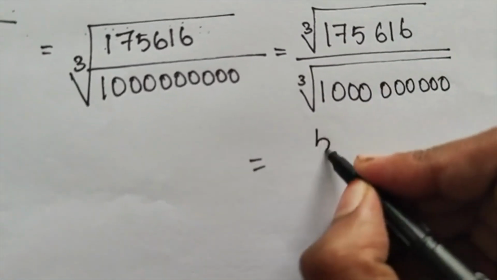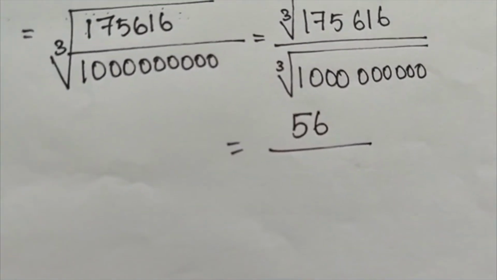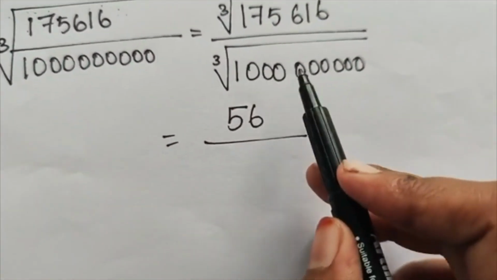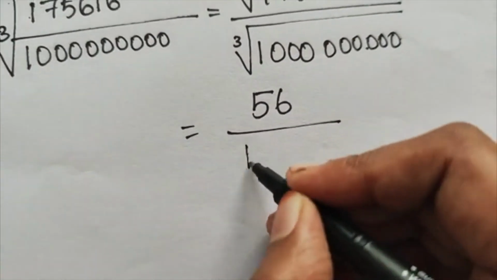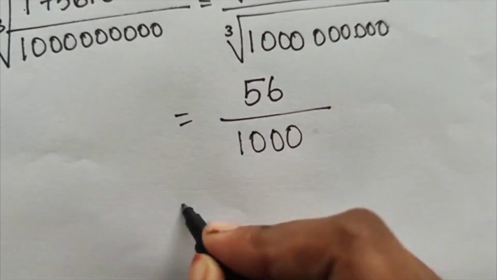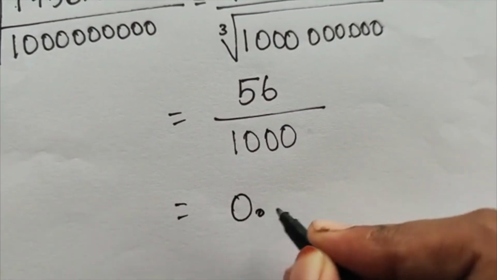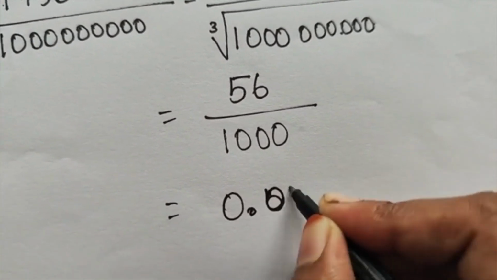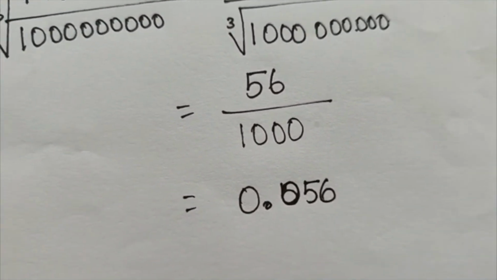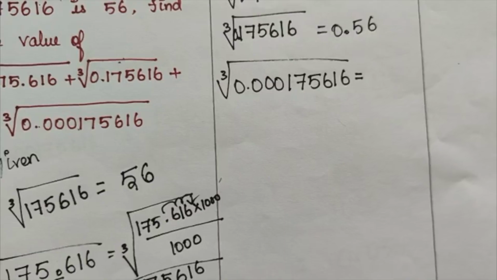So this one we know as 56 by, so here this one can be written as 1000 into 1000 into 1000, which is nothing but 1000. So taking this we get 0.056.